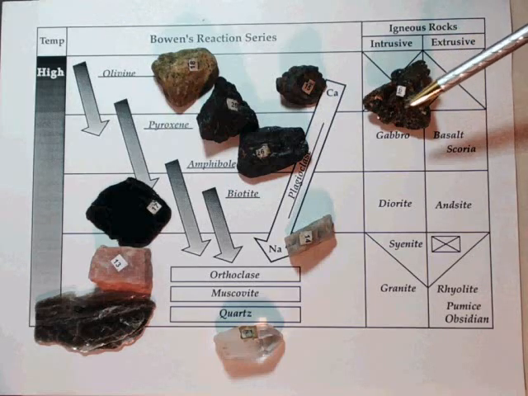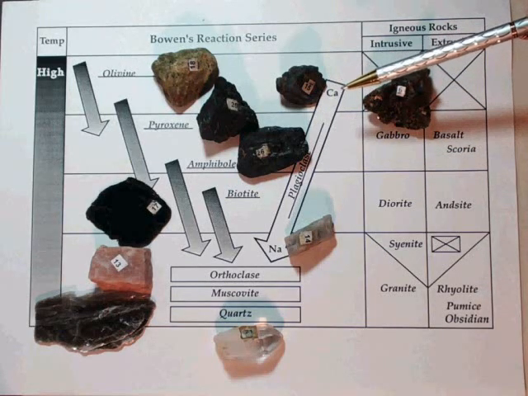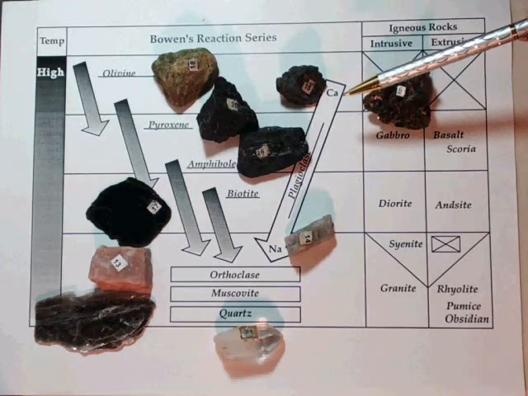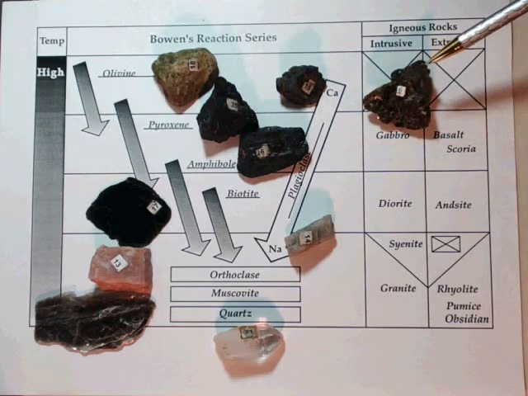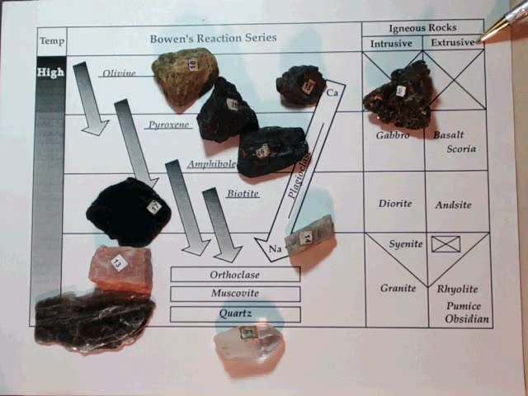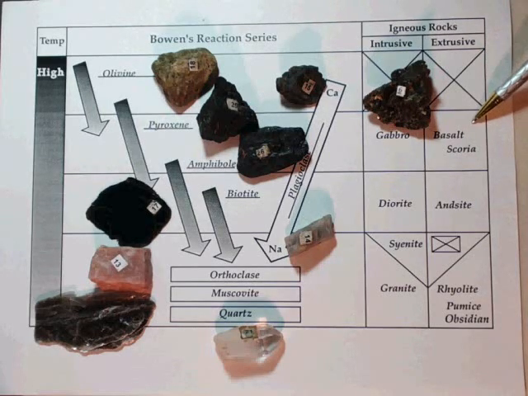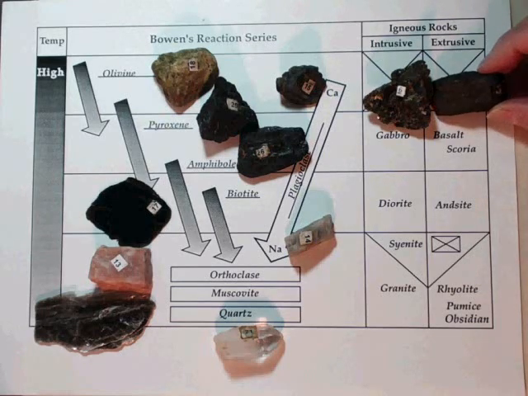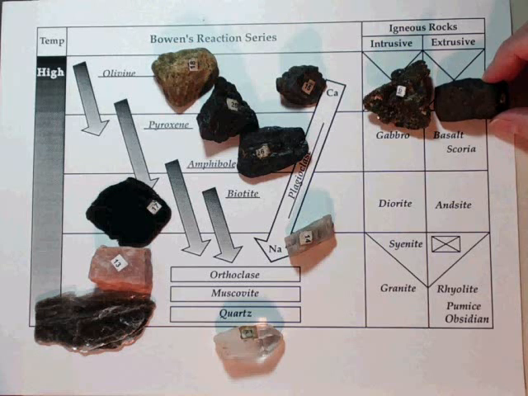But if we have that same mineralogy, that same composition of minerals, yet this cools much more rapidly, now we're talking some sort of volcanism, lava at Earth's surface cooled much more rapidly. Now we have, this would be number 8 in your tray, the basalt. Again, a very dark rock because of that dark mineralogy.